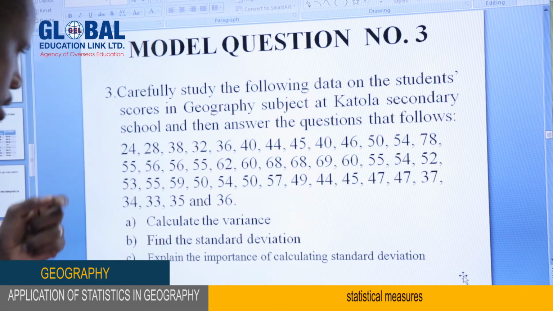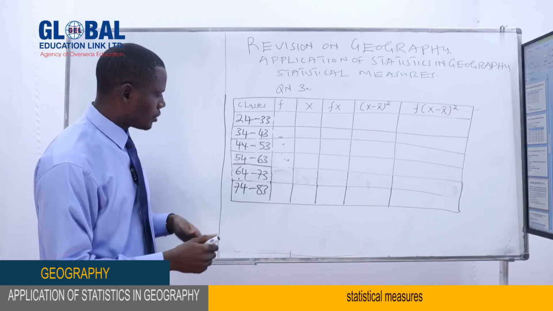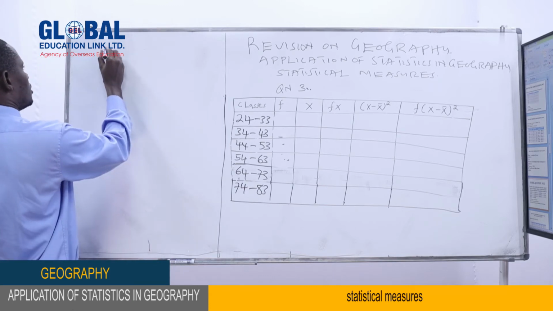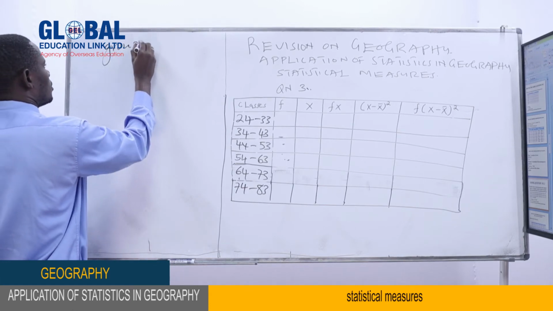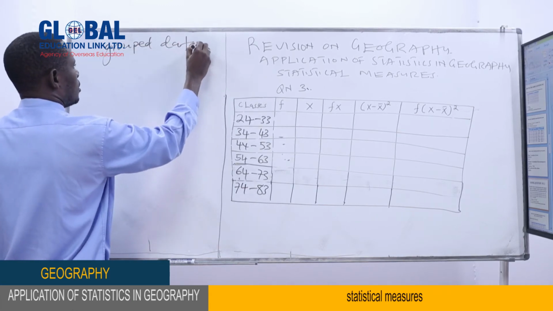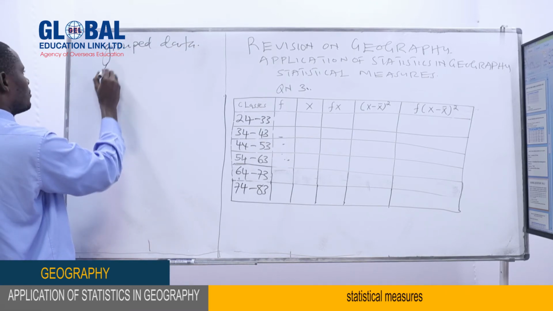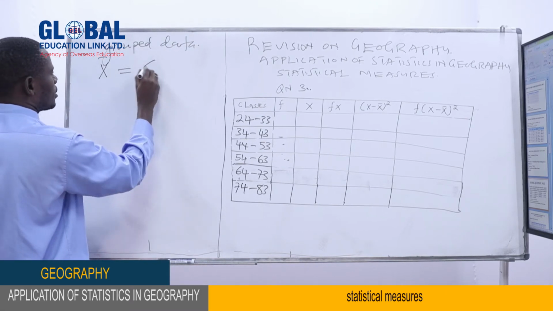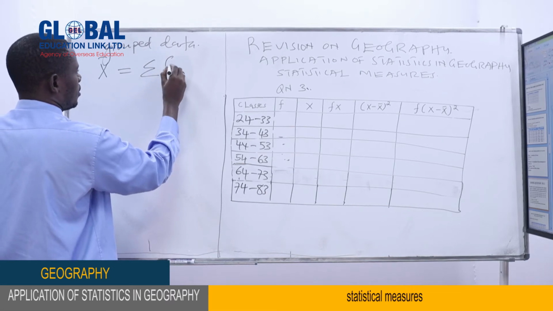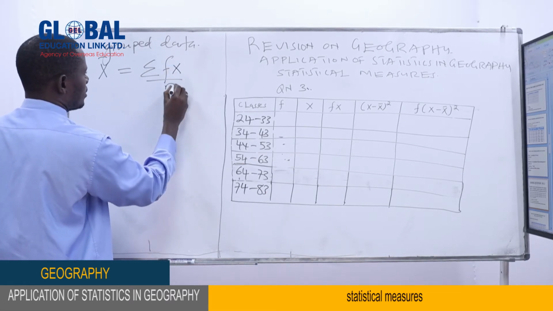So what do we do before we start solving anything? We just recall that it's about grouped data. Just recall the formula for finding the mean for grouped data: the mean is equal to the summation of fx, divided by n.